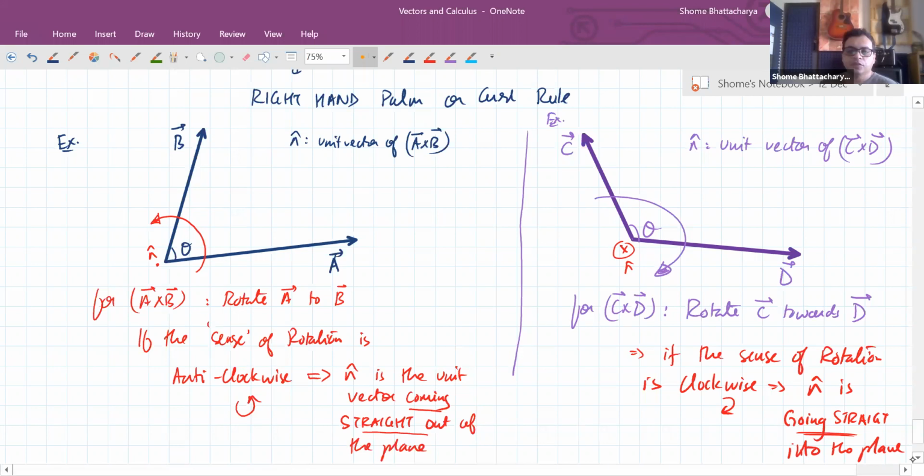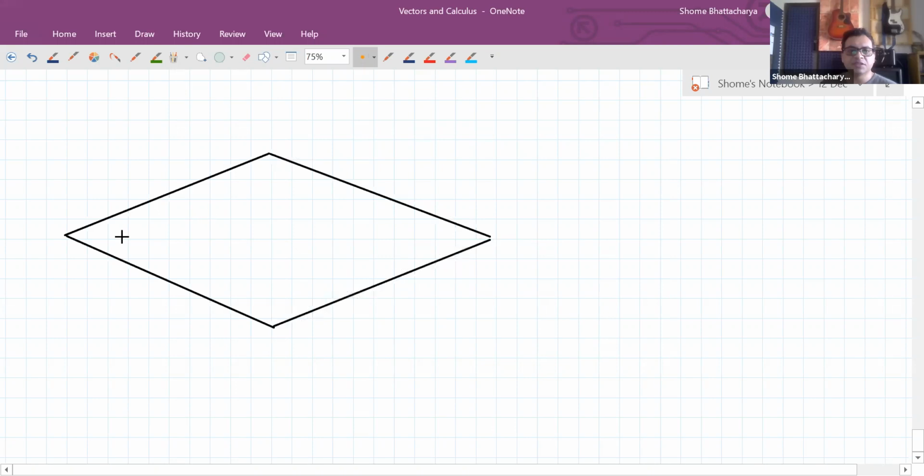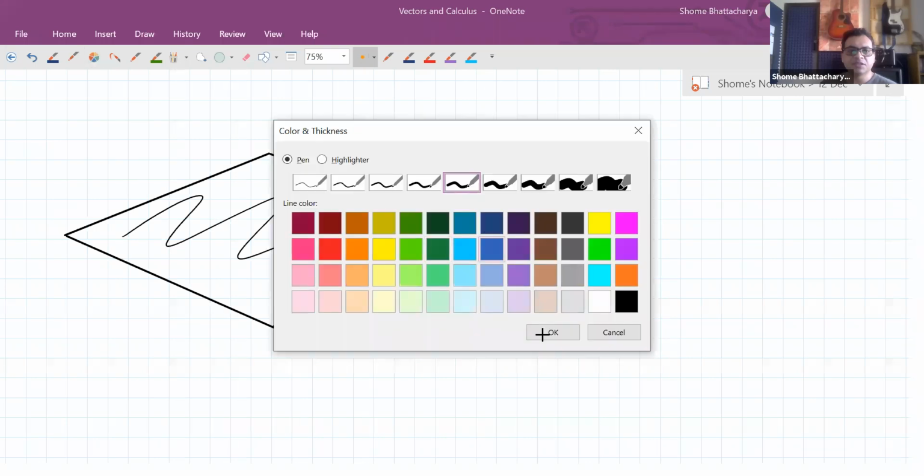Okay. So let me illustrate this with a sort of three-dimensional diagram also. So suppose this is like a tabletop or a two-dimensional plane. This represents a 2D plane in which my original two vectors, which I had taken earlier, A and B, are lying.